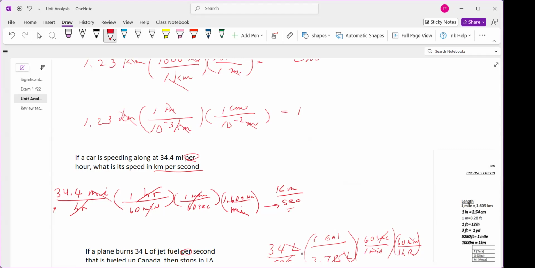It doesn't matter whether it's right next to it or downstream of it, they cancel. So everything stands on the head for kilometers.